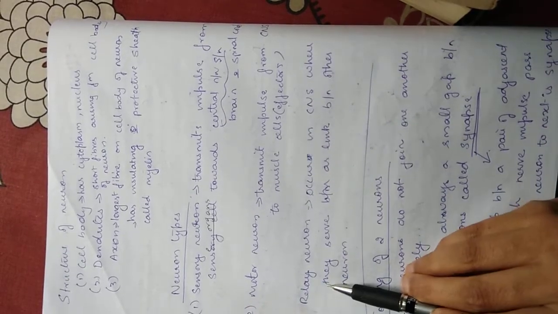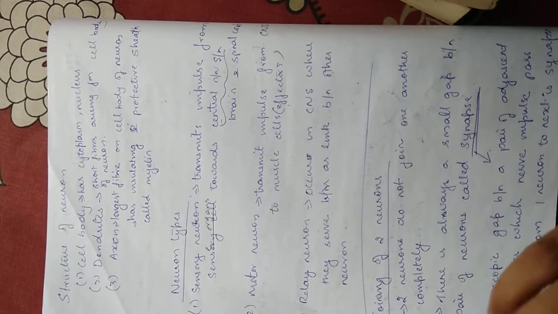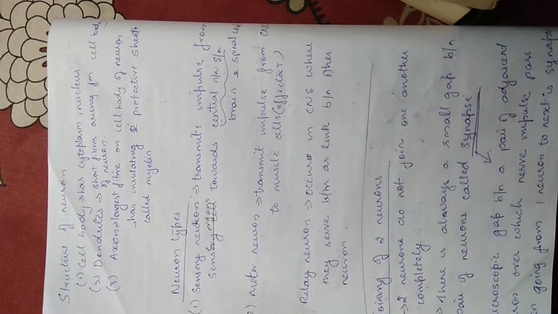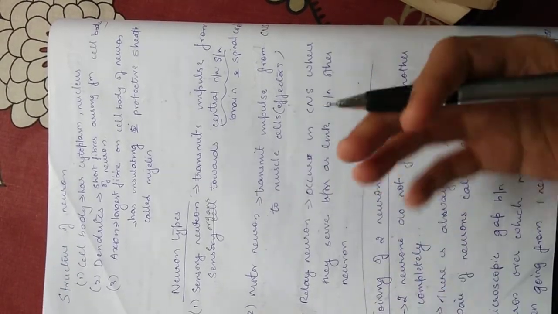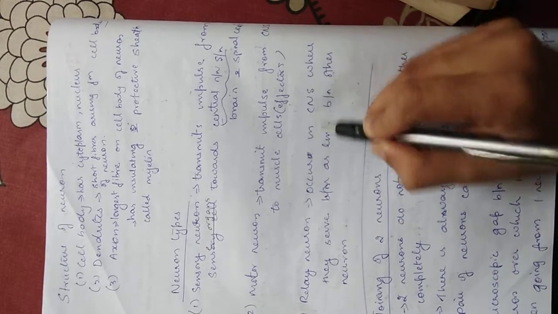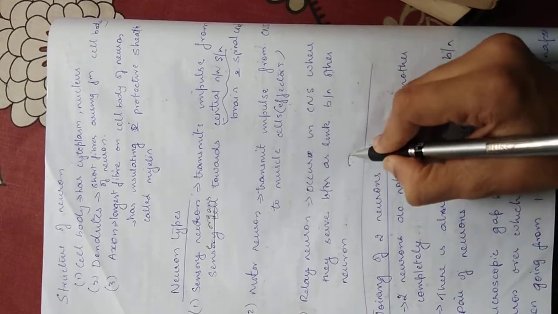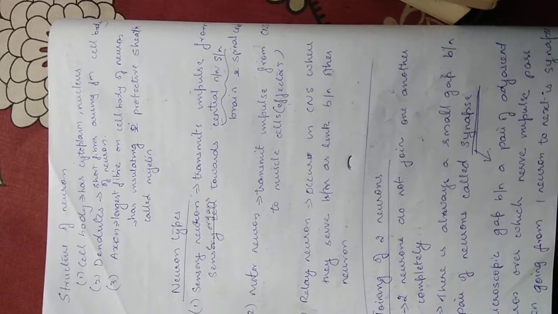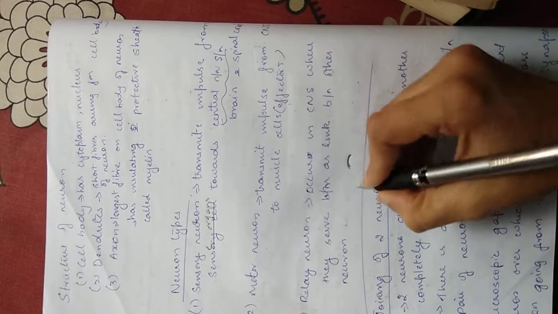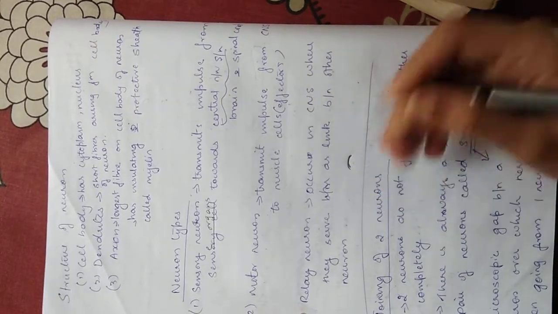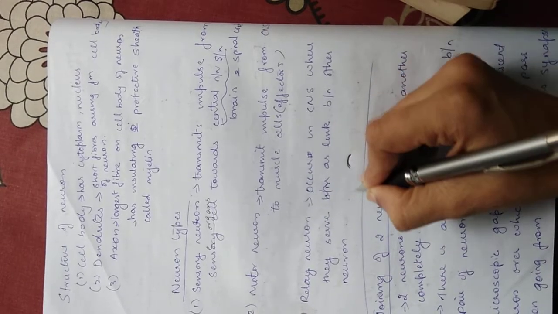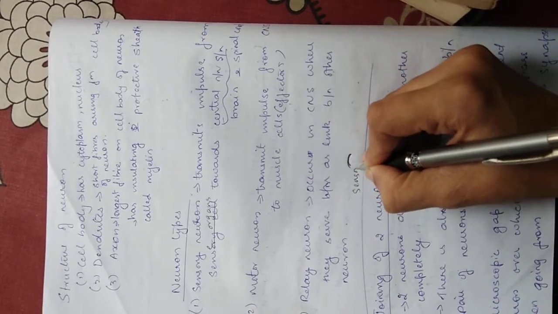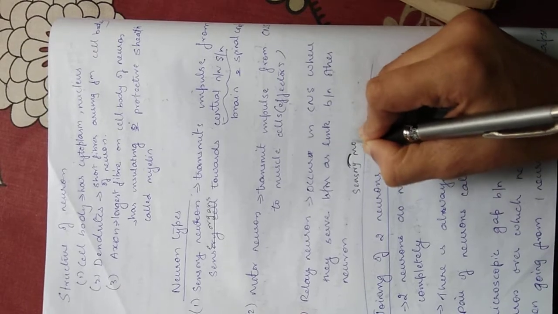Now what are relay neurons? Relay neurons are some specific neurons. They generally occur inside the brain or spinal cord. They are special kind of neurons which act as a link between other neurons. Like sensory neuron is here, and motor neuron is here.